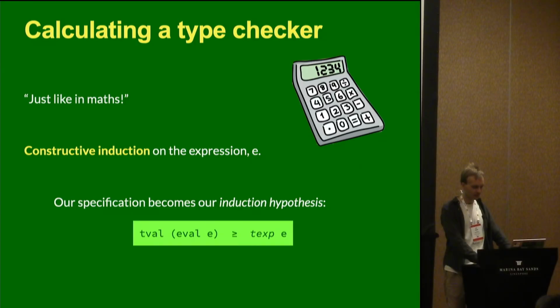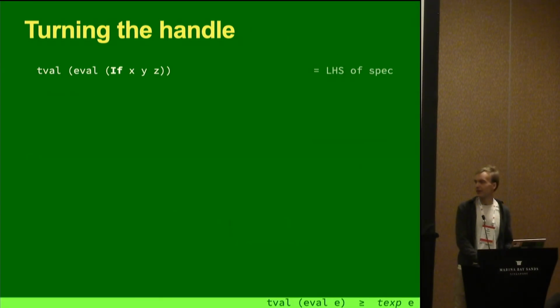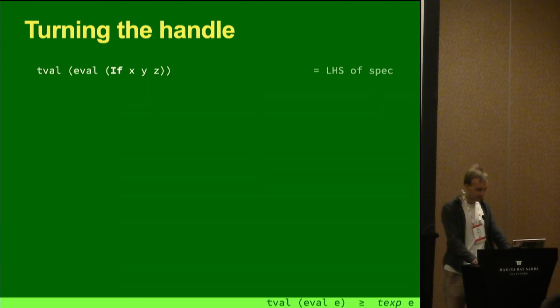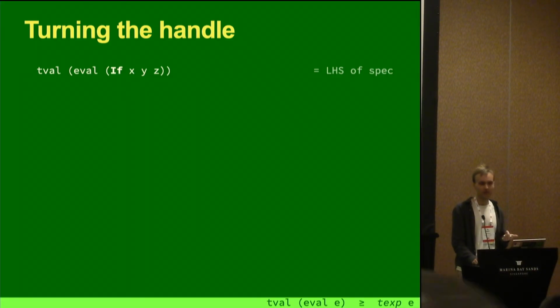So let's start off in very much the same way as the standard compiler calculation literature. We're going to start on one side of the equation. I'm going to do the conditional case here with if, but the same goes with any of them. And we want to transform this into the right-hand side of the equation by potentially applying induction and also introducing definitions of our type checker.